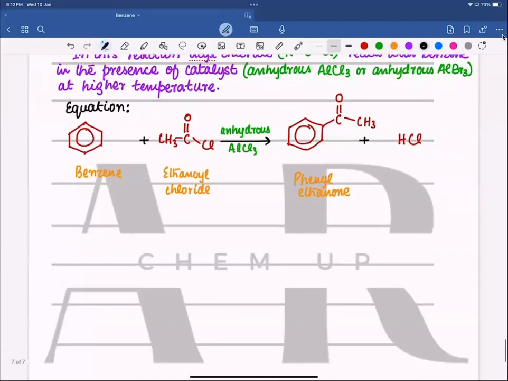Okay, now the formation of the electrophile.